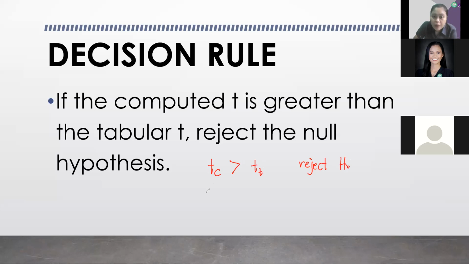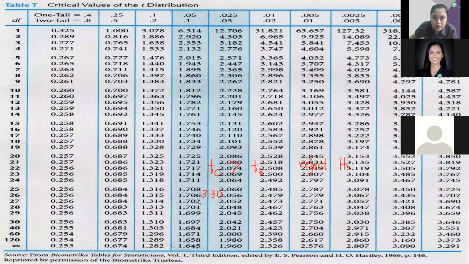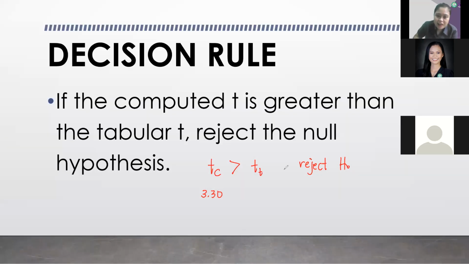Our computed T a while ago is 3.30, and our tabulated T based on our table of critical values is 2.101. So what is our symbol here? Greater than or less than? Of course, greater than. So yes, our computed T is greater than the tabular T.